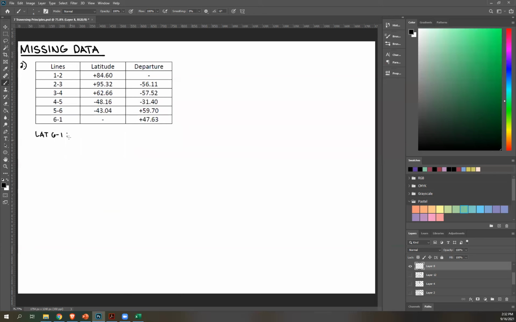So that was negative 151.38. Again, this is positive 151.38. So in order for everything to be 0, I need a negative 151.38 here. Okay, so same concept as well for departure. That's departure for line 1-2. What's the answer?